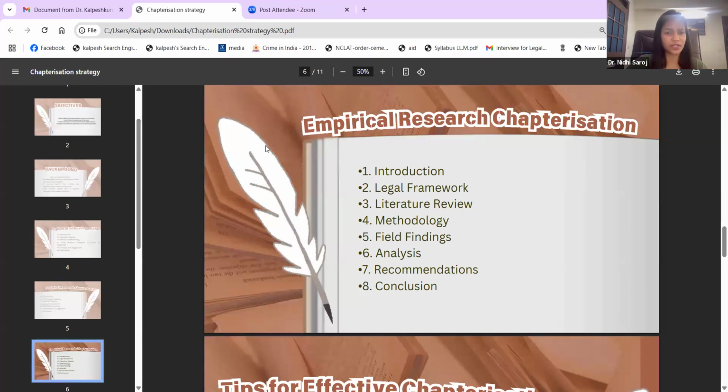So here again, in the introduction chapter itself, all those aspects related to objectives, questions, hypothesis would be included. Legal framework, again, it's like the statutory framework. I have put another chapter on literature review because I feel that in some researches, it's very important to have a distinct chapter on literature review, because we are not just summarizing, we are also doing an analysis.